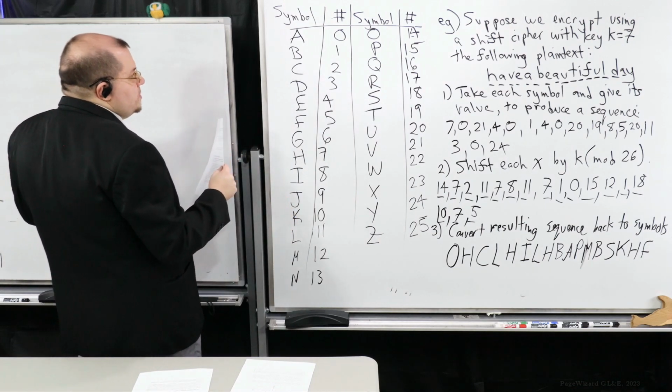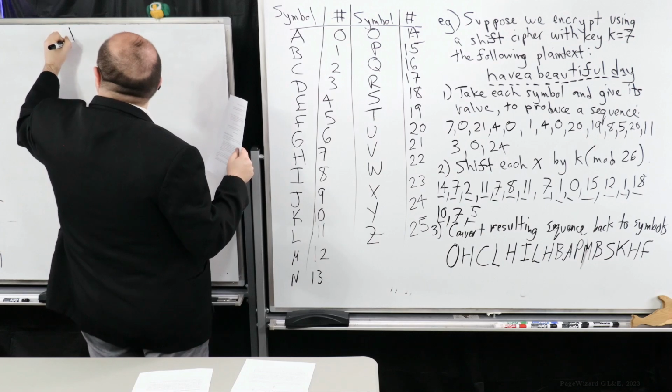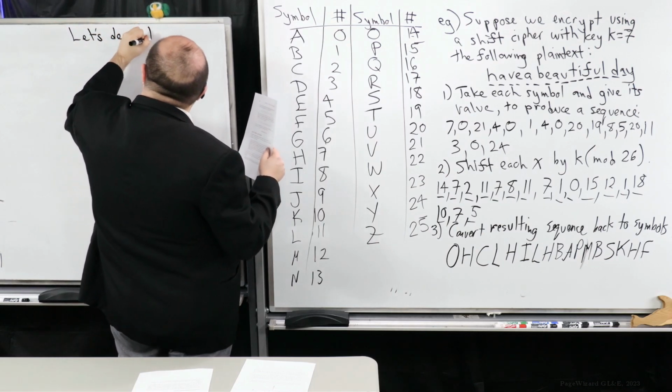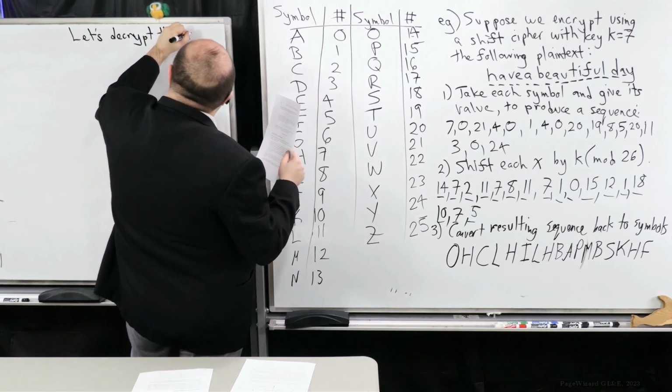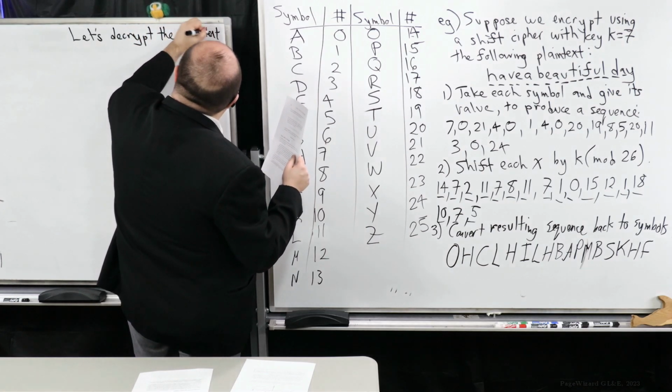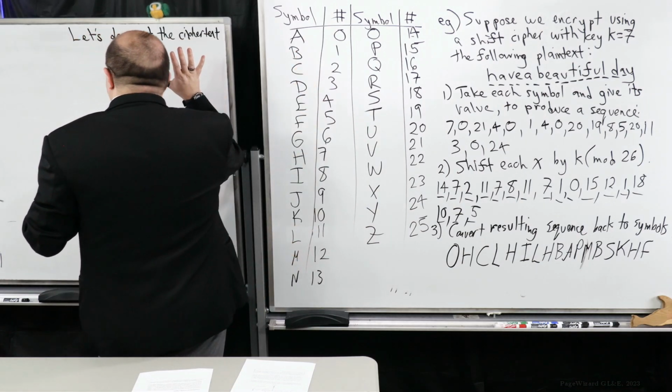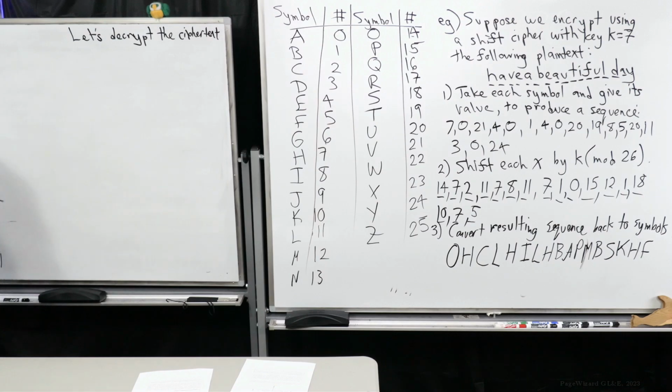So let's decrypt the ciphertext. So what I have over here is what Alice would do. What we're going to do is we're going to do what Bob does.